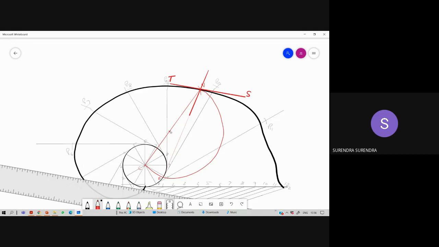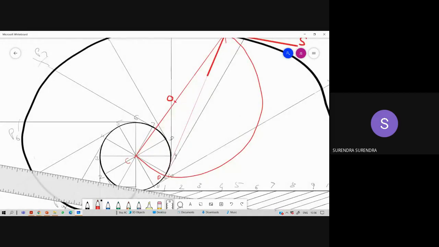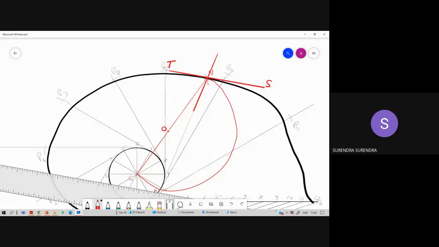Let this be O. Now with O as center, radius equal to 50 mm, it's half of this CN line. Draw a semicircle joining C and N. Now this semicircle will intersect the base circle and mark this intersection point as D. If you join DN, it is the normal, and the tangent is perpendicular to the normal. So this is the process of drawing tangent and normal for an involute curve.